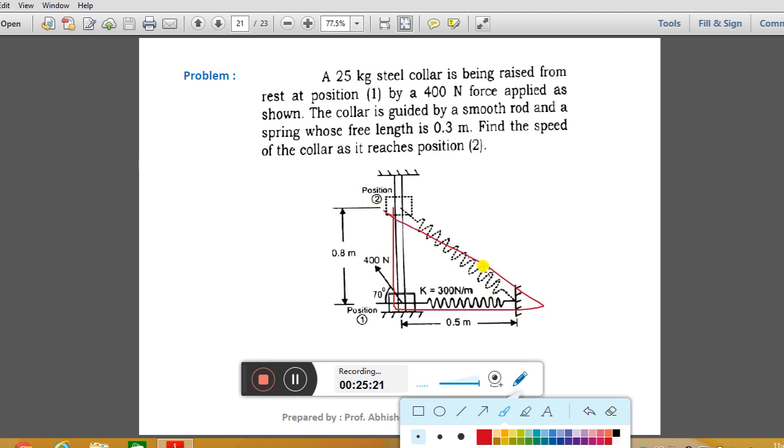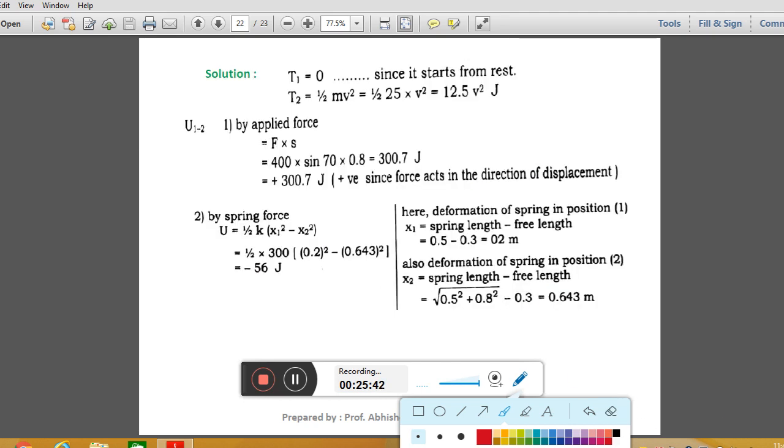So the spring length will be equal to square root of 0.8 square plus 0.5 square, and the free length is given as 0.3 meters, so we subtract this. In this way we can find the final value of deformation.